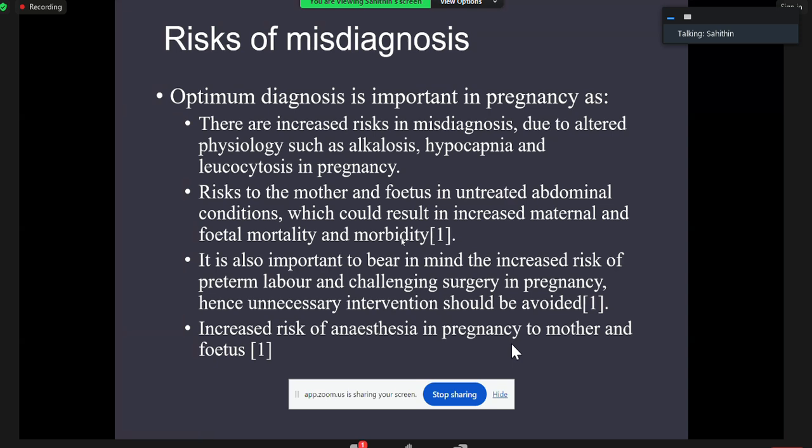Again, if there are untreated abdominal conditions, there is increased maternal and fetal mortality and morbidity, not to say the increased risk of preterm labor and challenging surgery in pregnancy. So it is important to diagnose at the right time, but also not unnecessarily intervene in the pregnant woman. This goes for everyone, but I think the risks are more challenging with pregnant women. And of course, there is the increased risk of anesthesia both to the mother and to the fetus.